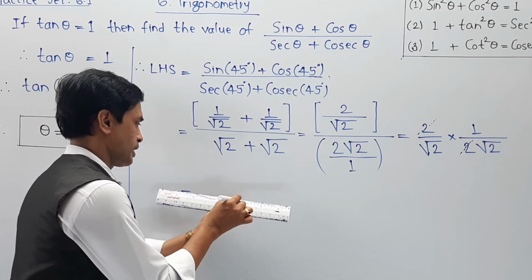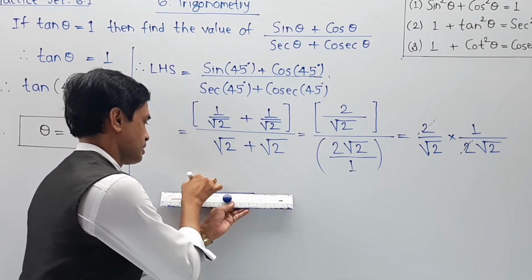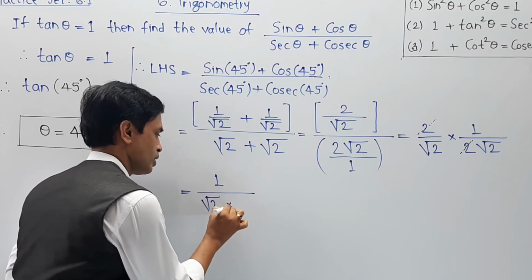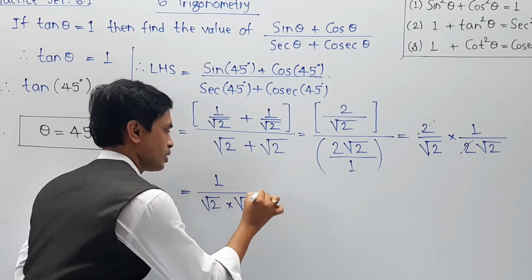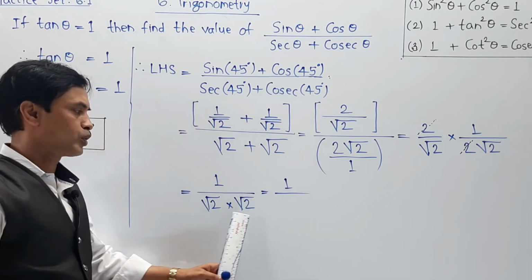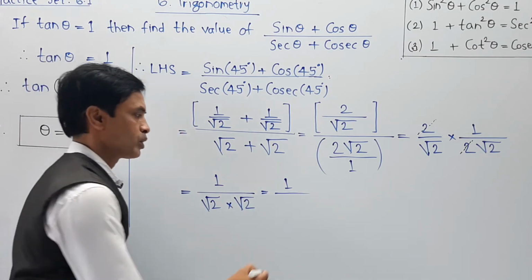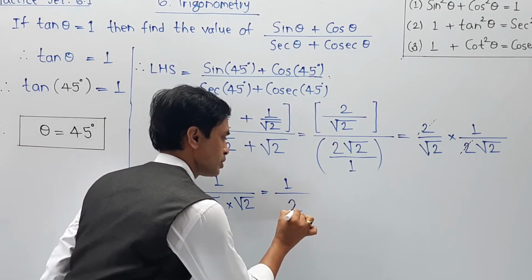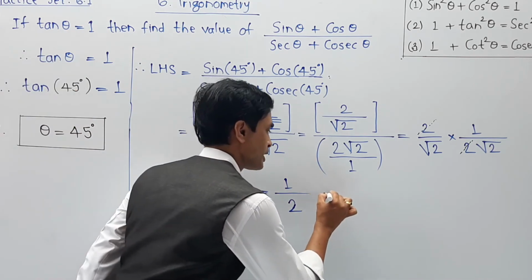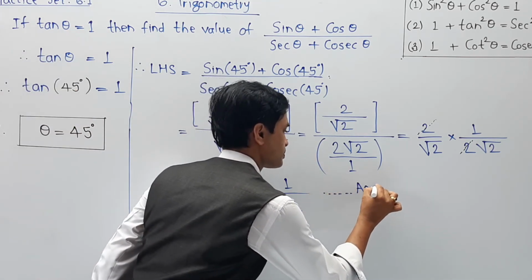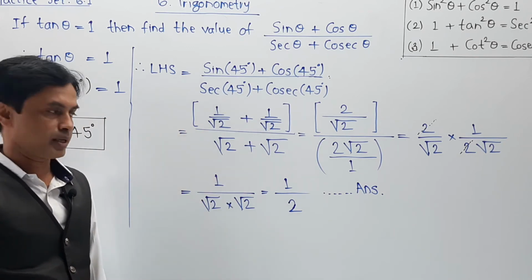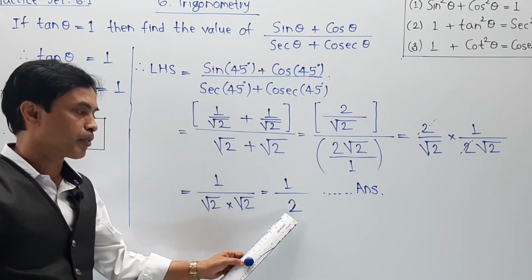So I am writing that step: 1 upon root 2 into root 2 is equal to 1 upon, and root 2 into root 2 means simply 2, and that is your answer. So your answer is 1 upon 2. In this way you can solve this numerical. So your step answer is 1 upon 2.